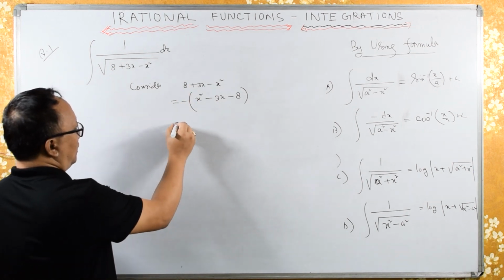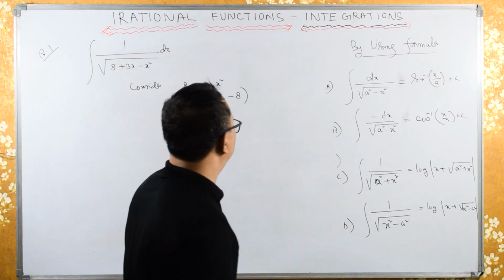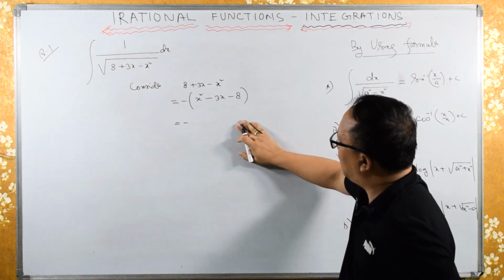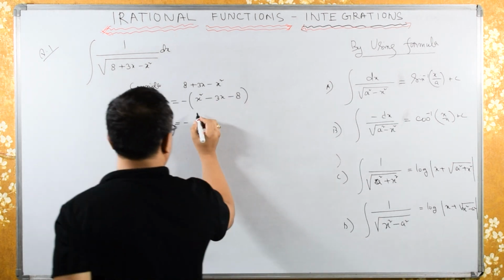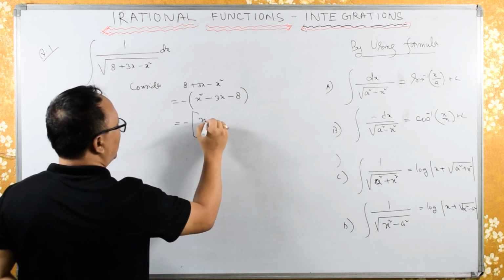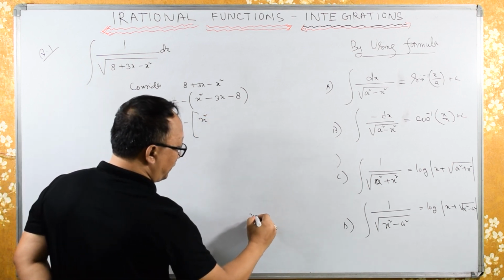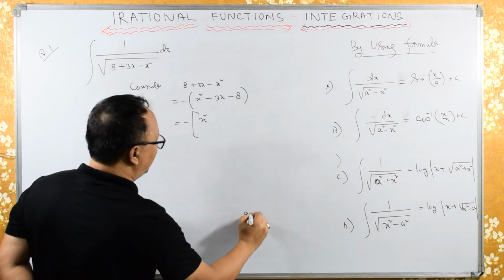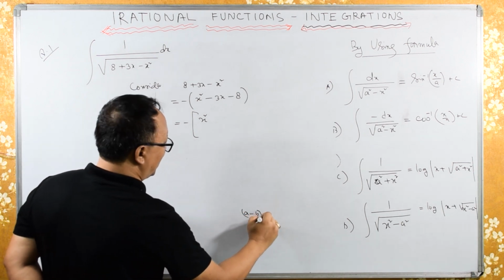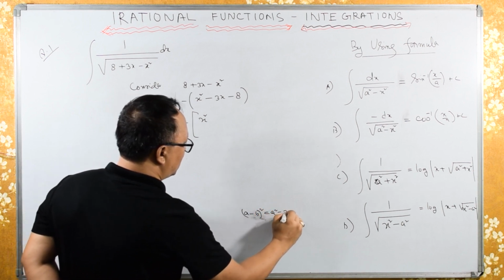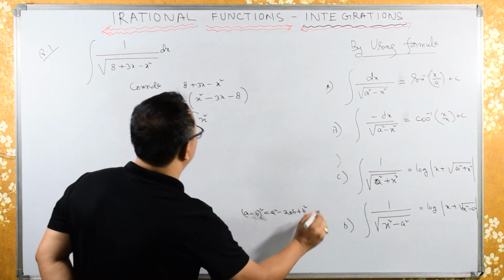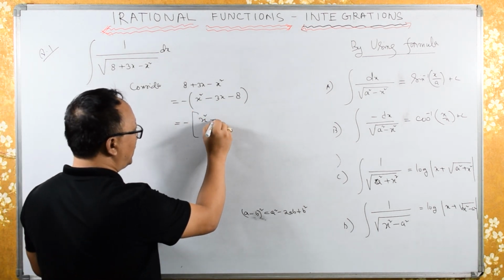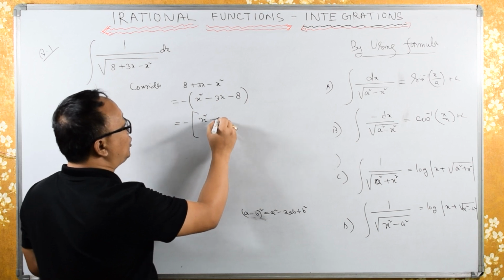Now we have to make a perfect square. The form we have is x square plus, with a minus b whole square being a square minus twice ab plus b square. Since x square is there, I need 2.